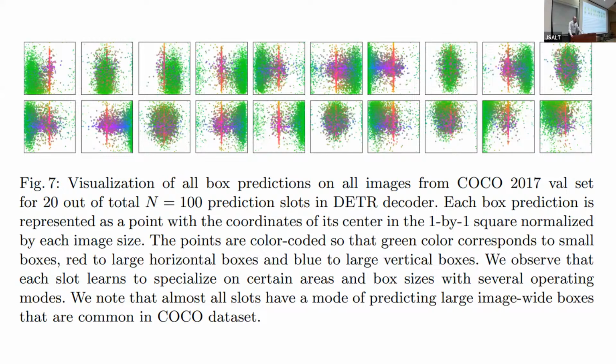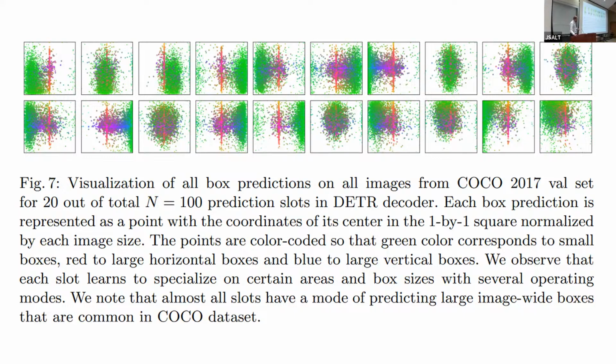Yeah. And this is another interesting result from the paper, because then they asked, okay, I have these 100 slots for my objects, and I will statistically compute what they are looking for. And in this image, it's just an example where you can see that the queries actually specialize on position and shape of the objects that they are detecting.